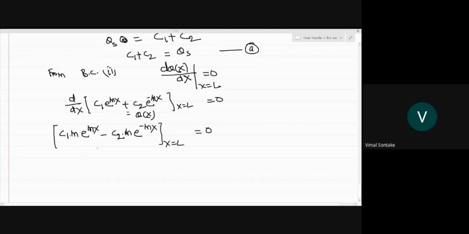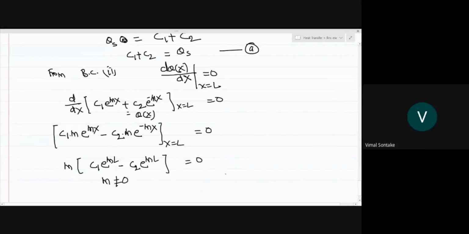It is not actually 0. If I take m common, okay, let me write what I want to say actually. C1 e to the power, now I put the value of x equal to L, ml minus C2 e to the power ml is equal to 0. Now m cannot be 0, isn't it?